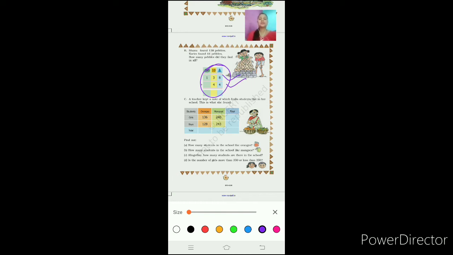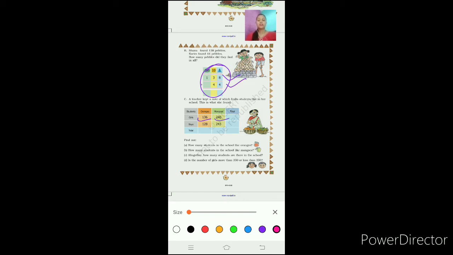Question number C is, a teacher kept a note of which fruits the students liked in her school. This is what she found. Oranges liked by 136 girls and mangoes liked by 240 girls.